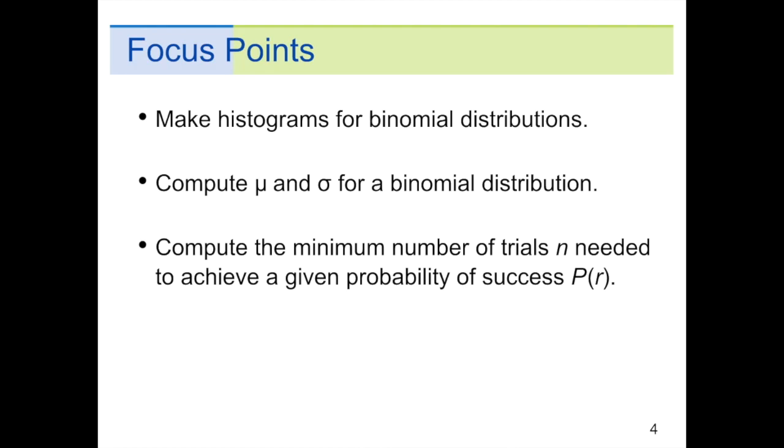Focus points. To make histograms for binomial distributions, to compute mu and sigma, expected value and standard deviation, for a binomial distribution, and compute the minimum number of trials n needed to achieve a given probability of success, P of R. Now, this last one is very important, and you'll see it used a lot in real life and business.